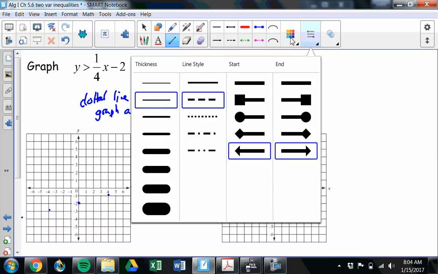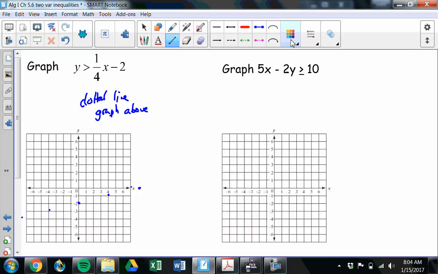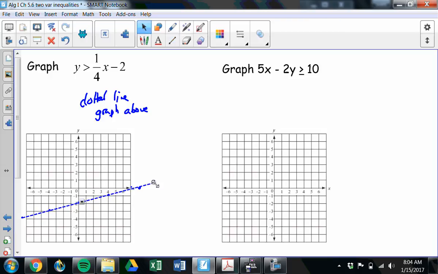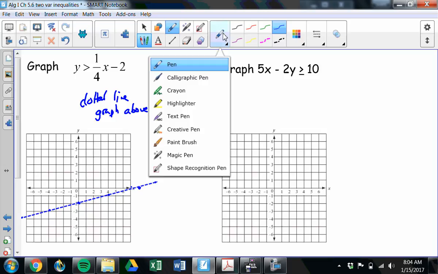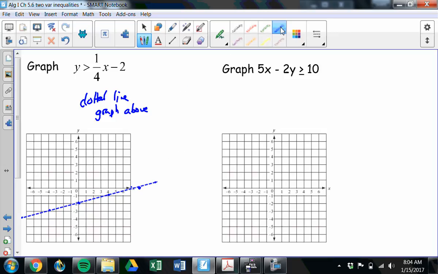Dotted line, I'm going to make this blue. Looks like that. It says greater than, so I shade above. All this stuff up here.